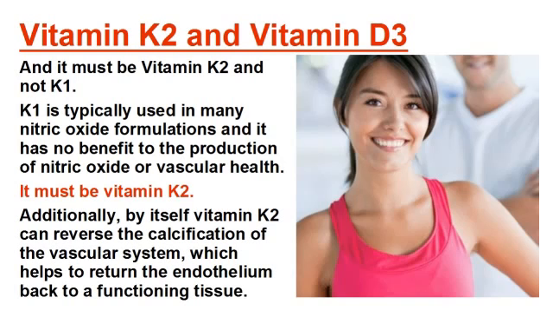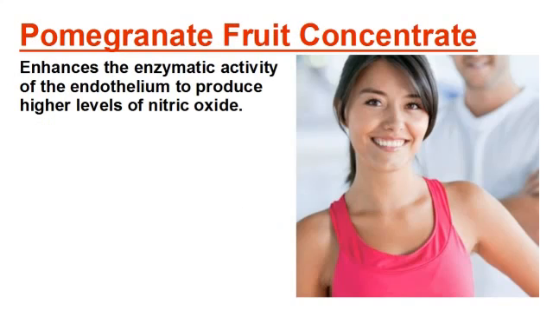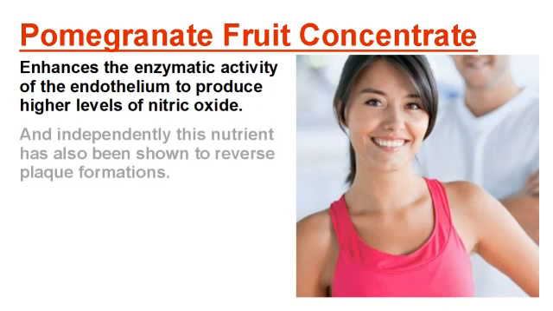Additionally, by itself, vitamin K2 can reverse the calcification of the vascular system, which helps to return the endothelium back to a functioning tissue. The final key ingredient is pomegranate fruit concentrate, because it enhances the enzymatic activity of the endothelium to produce higher levels of nitric oxide.